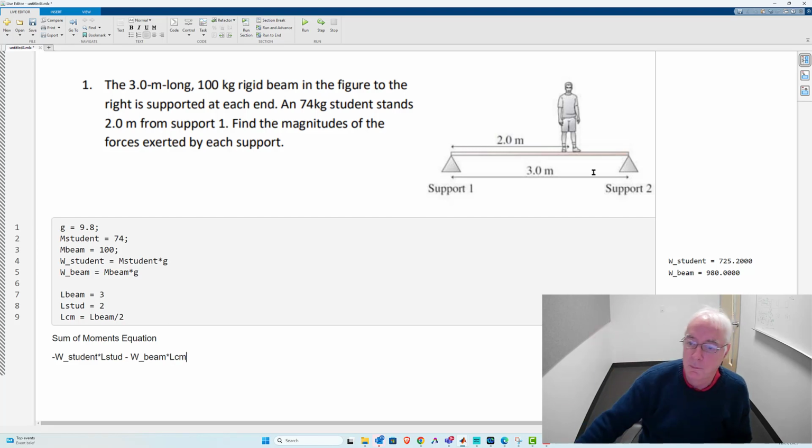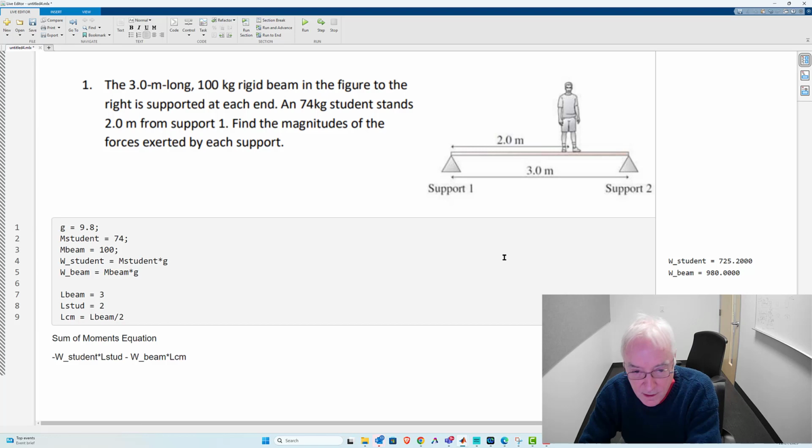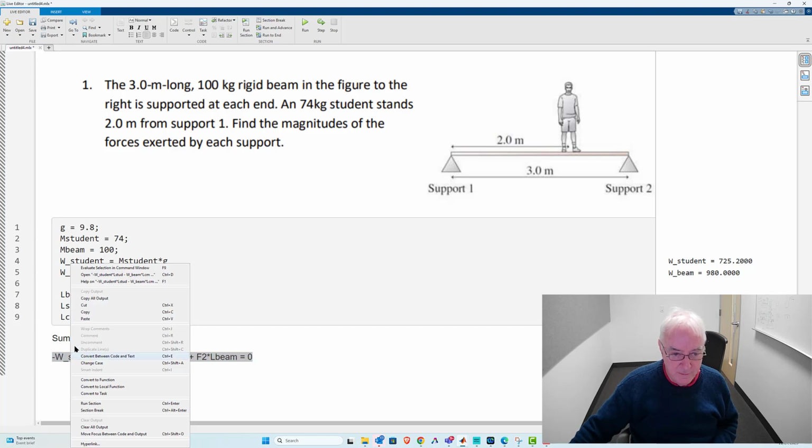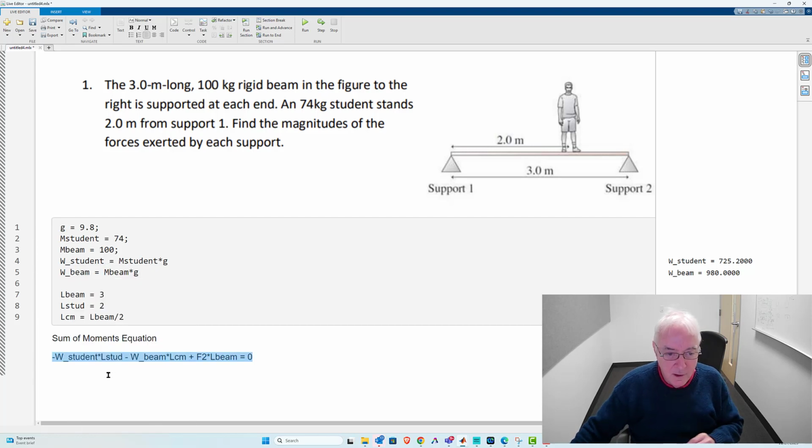So those are two components of our moments, and the third one is really that this support on the right, which I'll call F2, plus F2 times L beam will be equal to 0, right? And so from this, we're going to actually get everything. At least we'll get some. Well, I mean, not everything, because we'll solve for the force at support 1 in a moment too, right?